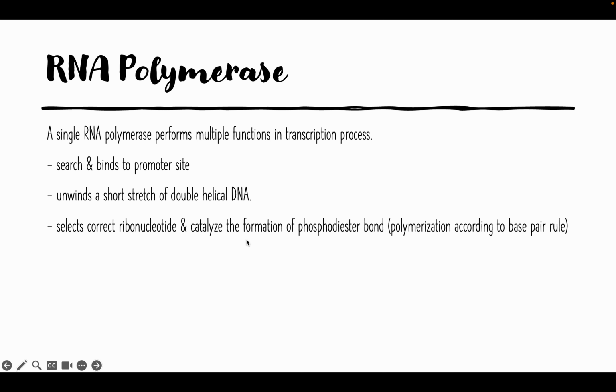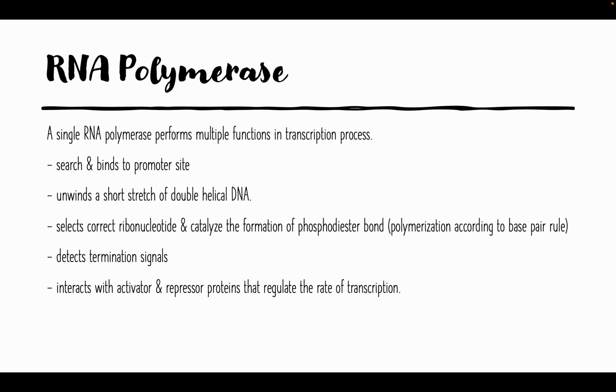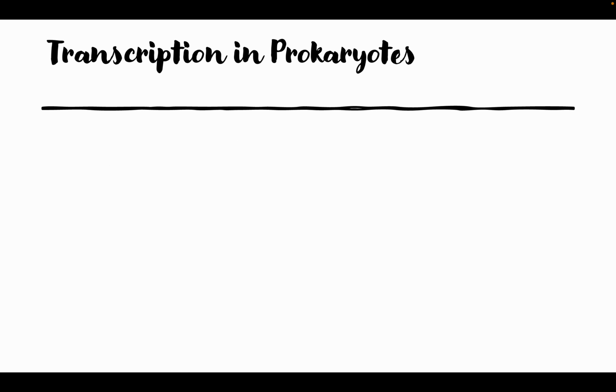It selects the ribonucleotides and forms the phosphodiester bonds, as I have talked about in my previous video, and it also detects the termination signal. As you can see, a single enzyme plays different roles, because it contains different subunits which perform all these functions, and it also interacts with the activators and repressors that regulate the transcription.